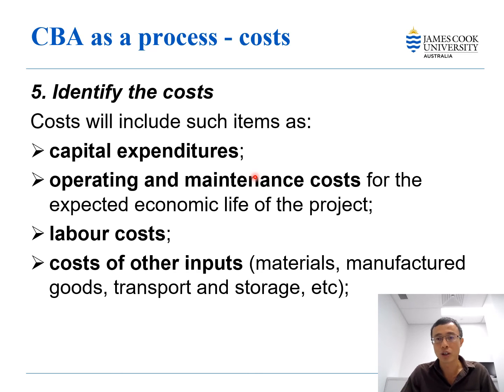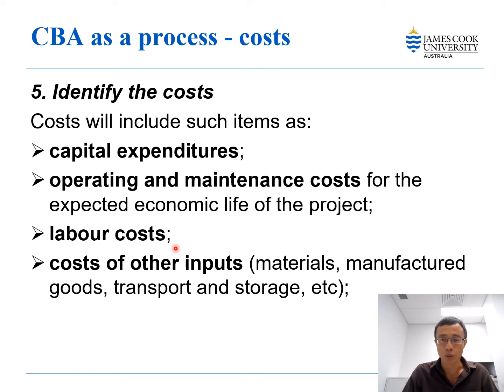So you purchase a truck for your dam project, then that's one item of costs. Operating and maintenance costs for the expected economic life of the project. Again, you have to maintain the dam regularly, and costs associated with this maintenance should be counted as one item of costs. And it can include labor cost.